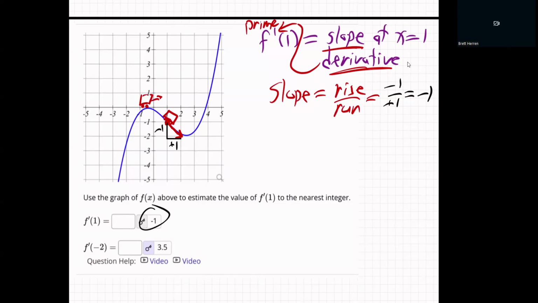Okay, what about at f prime of -2? Well, that one looks more tricky. So right here there's -2. And we want to know the steepness. Well, it's kind of tricky, but it looks to me, of course I'm cheating.